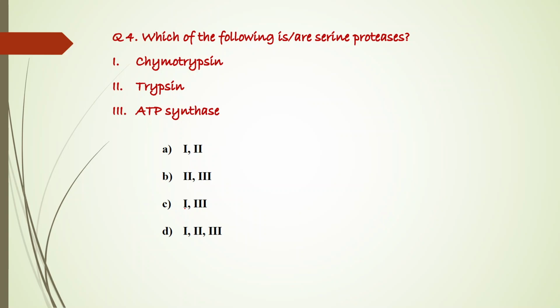If you remember the lecture material, chymotrypsin and trypsin both are types of serine proteases, and we learned the mechanism of chymotrypsin in detail. So the correct option for question number 4 should be A, where it states chymotrypsin and trypsin are serine proteases. ATP synthase is not one. First of all, it is not a protease, and obviously it is not a serine protease.